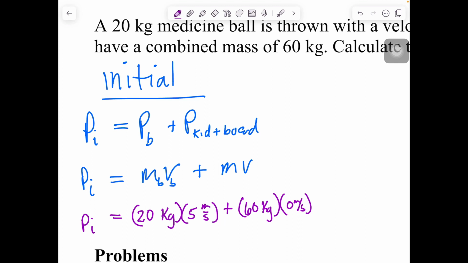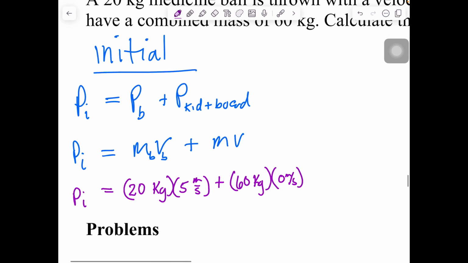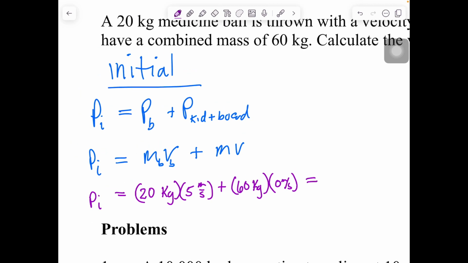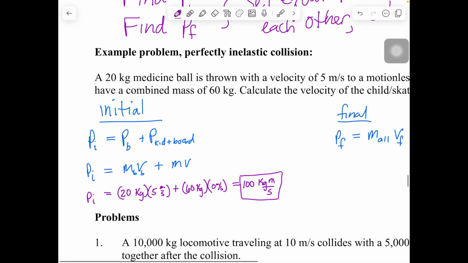So that whole side of the equation goes off to just 0, which is nice mathematically. So we're going to multiply that all the way through, and you come up with 100 kilogram meters per second. So that's initially what's happening.